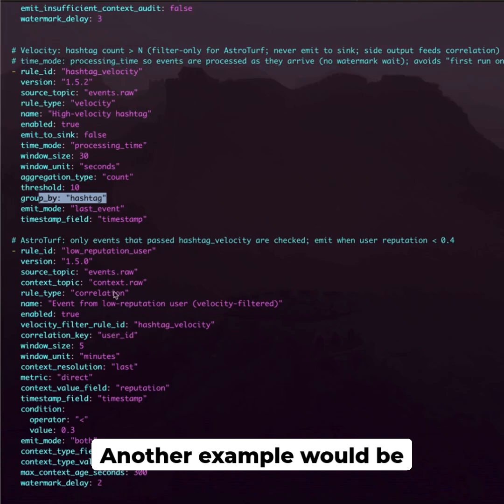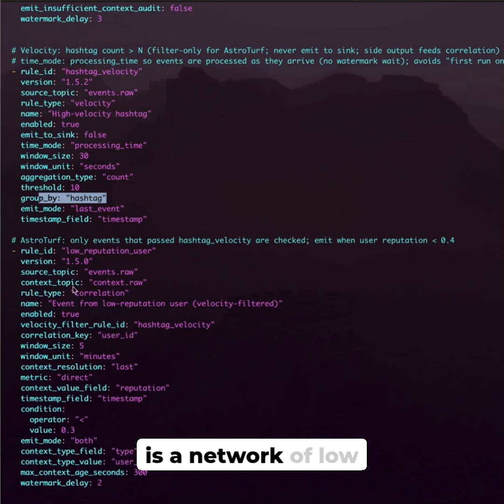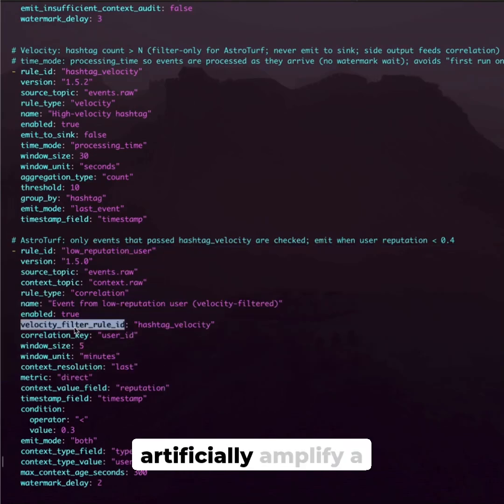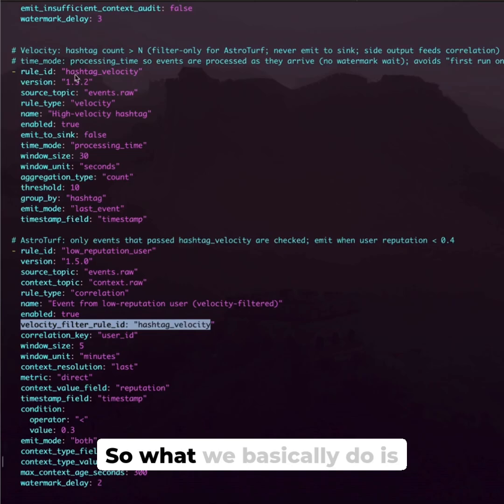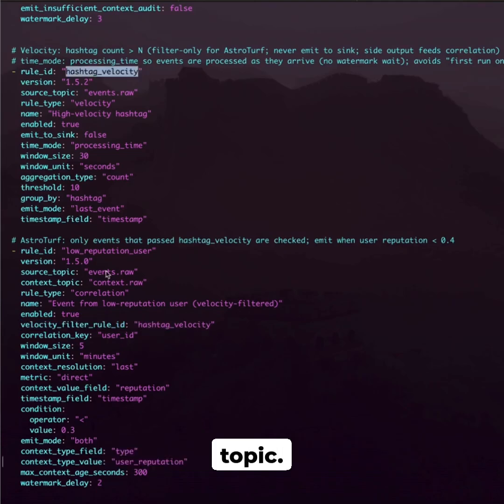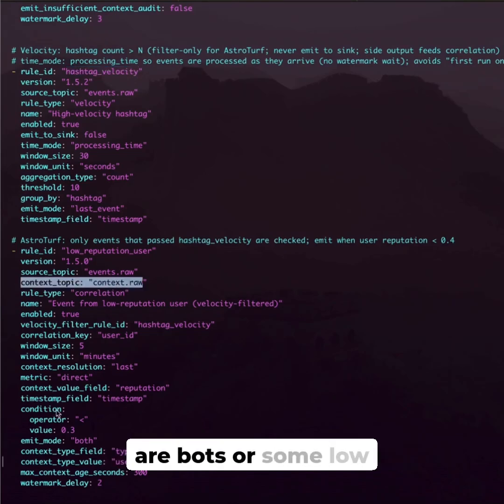Another example would be astroturf detection, which is when a network of low reputation accounts coordinates to artificially amplify a hashtag or a topic on social media or somewhere. So what we basically do is detect a trending topic. For the users of the trending topic, how do you detect if they are bots or low reputation users? You have the events flowing in, all the posts that they are making.